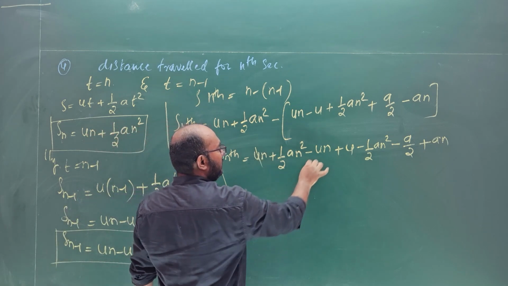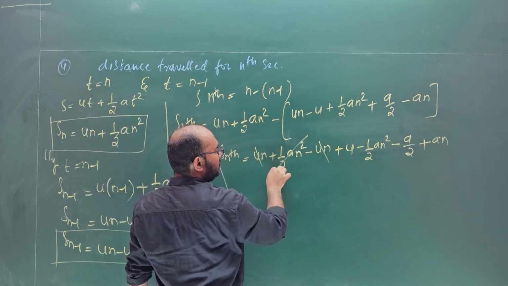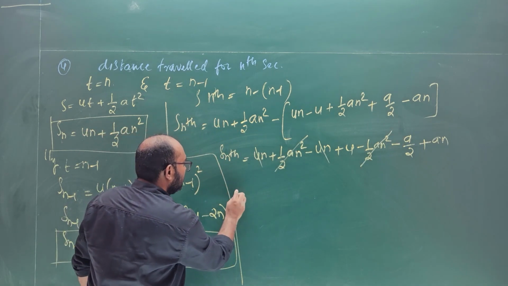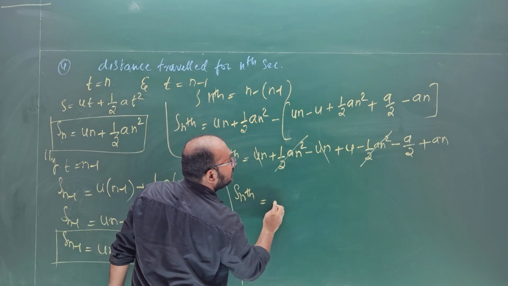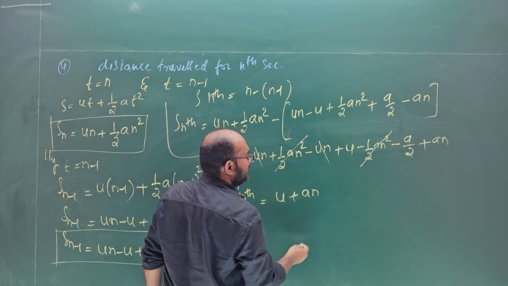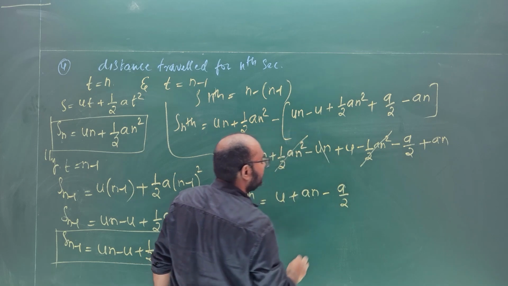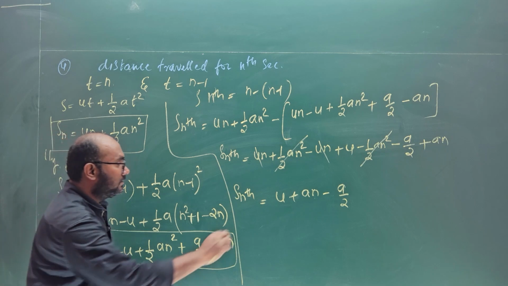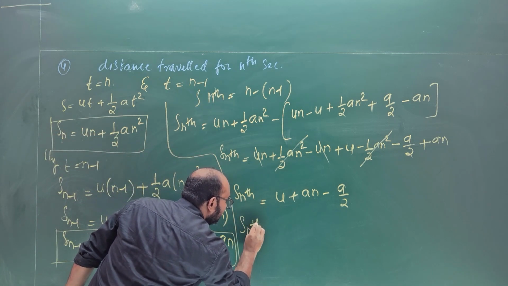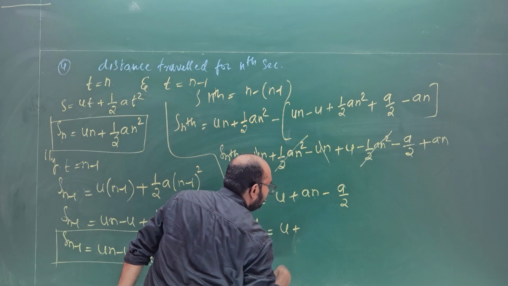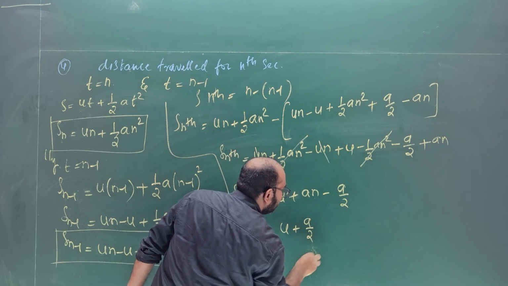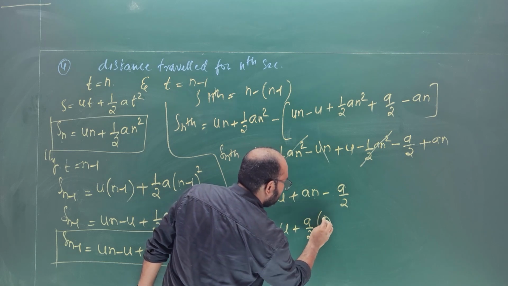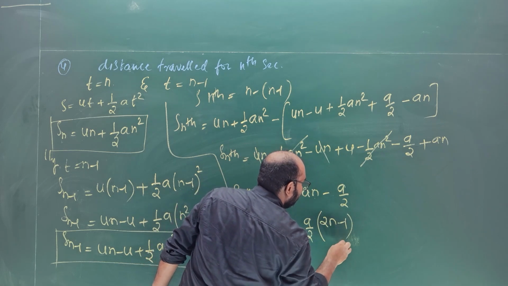Cancelling un and an square, anything else? No. So S_nth can be written as u plus an minus a by 2. Or, as in many books, it is written as u plus a by 2 taken common, and what is left out is 2n minus 1.